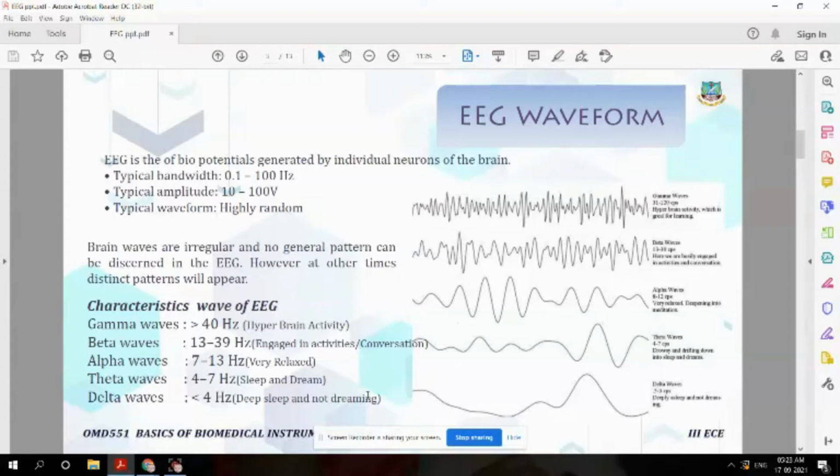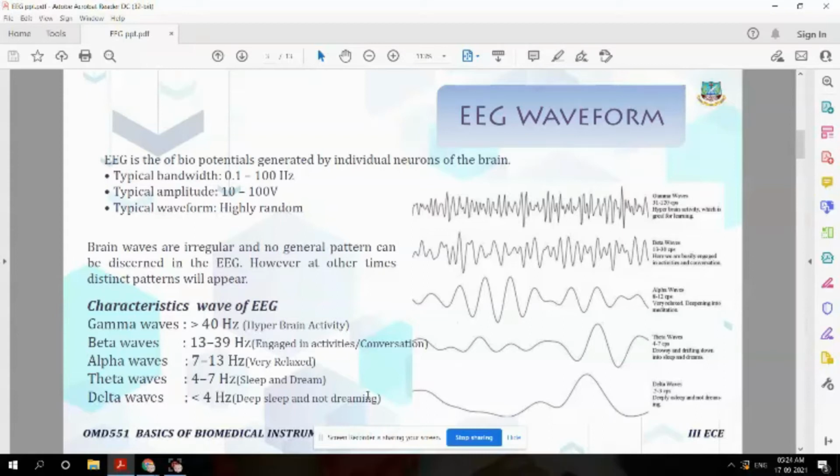Next we see where it is generated. In the brain there are a lot of parts. The beta wave is recorded from the parietal and the frontal region of the scalp.